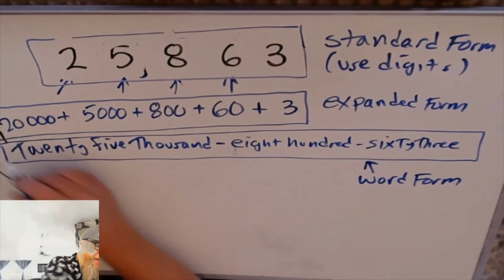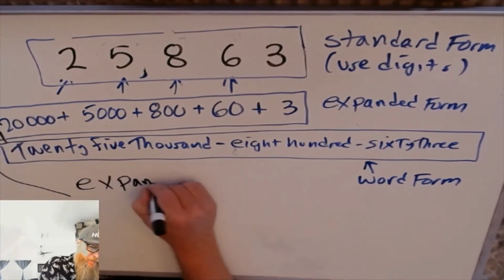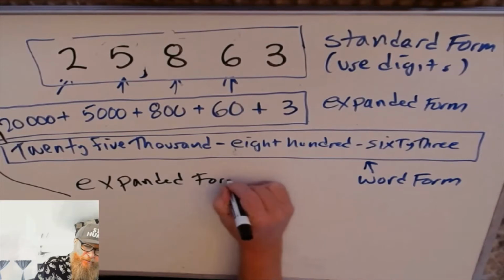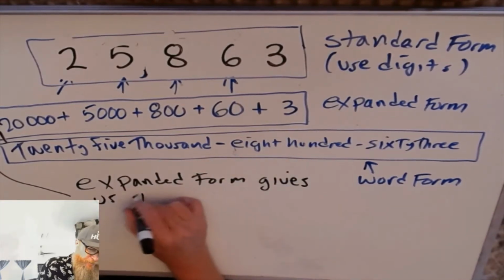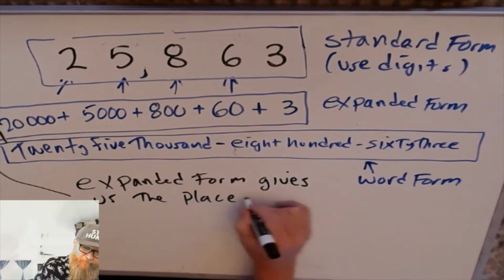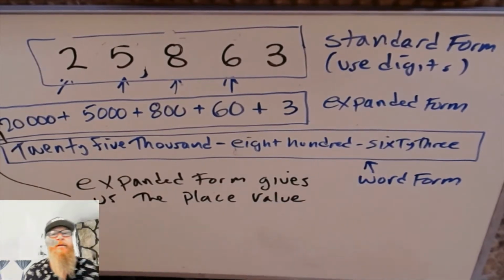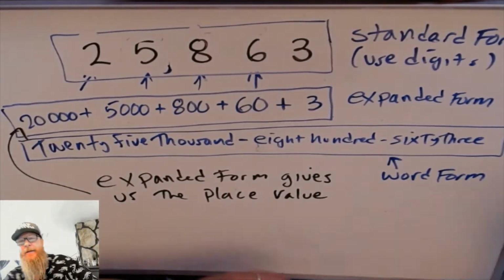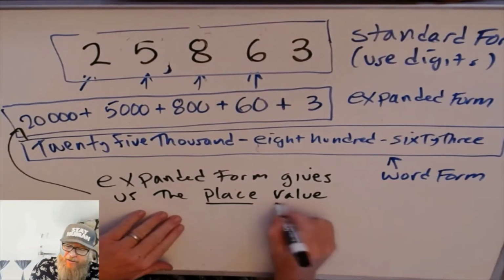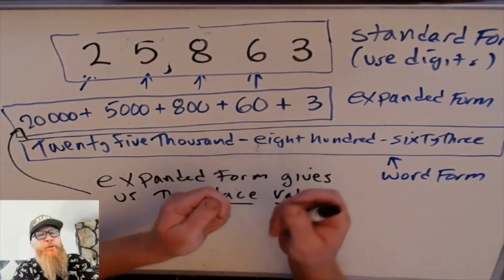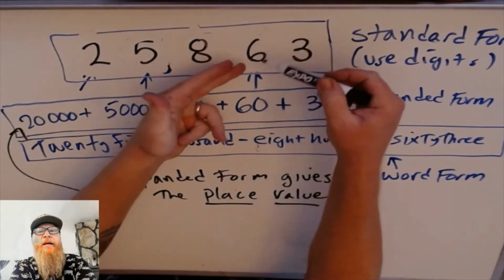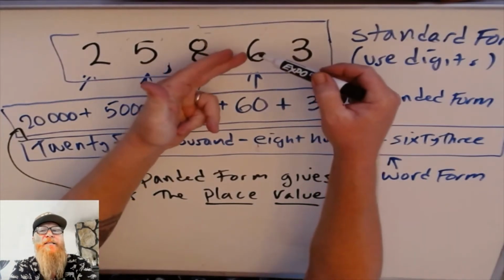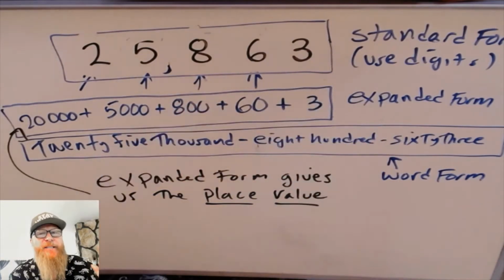The expanded form gives us the place value. The place value is what that digit represents. What's its value? How much is it really worth? A minute ago I said 6 doesn't really mean 6. Its place value is 60.